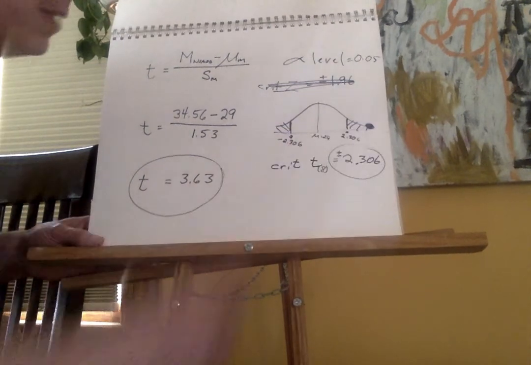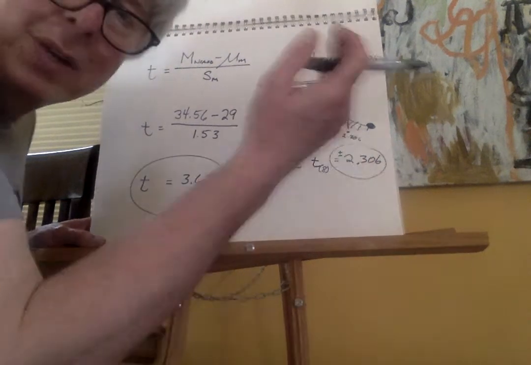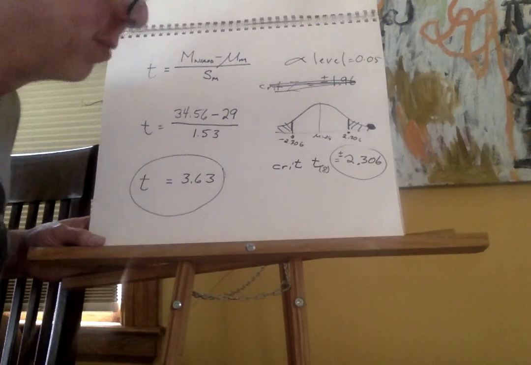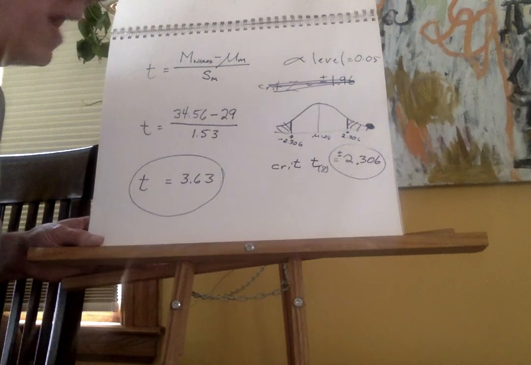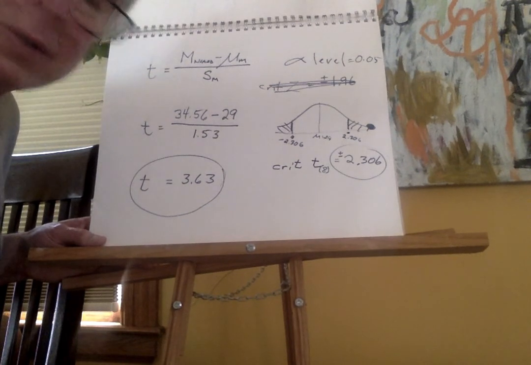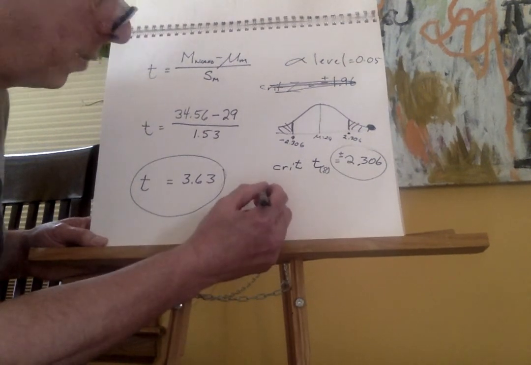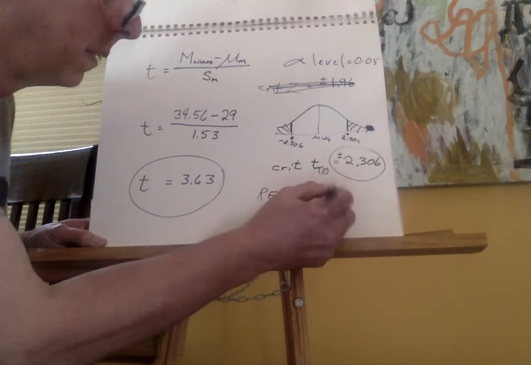Does this look like it comes from a distribution where 29 degree improvement with my arm is the mean? The answer is, wow, it certainly doesn't. It looks like it comes from somewhere else, okay? So in this case, we're going to reject the null.